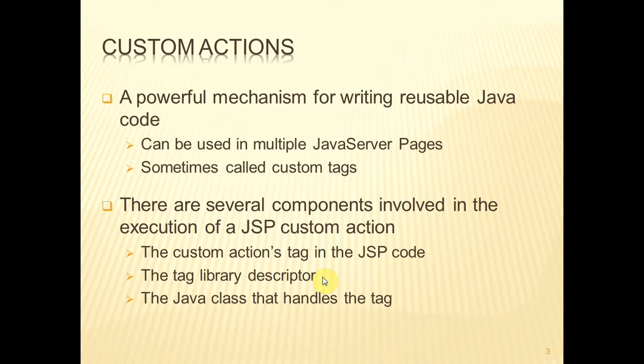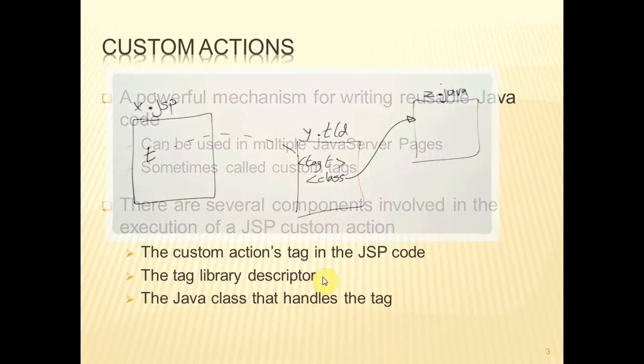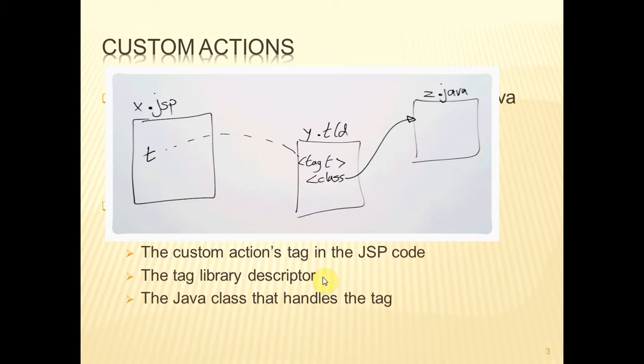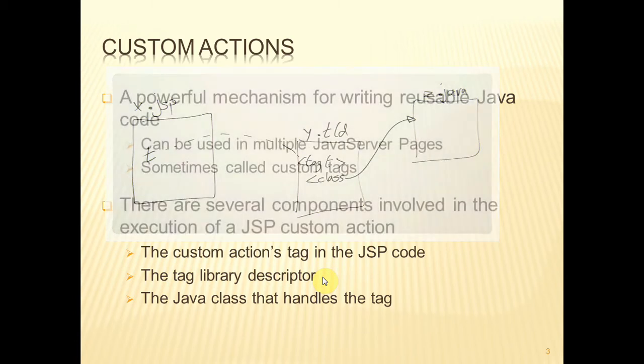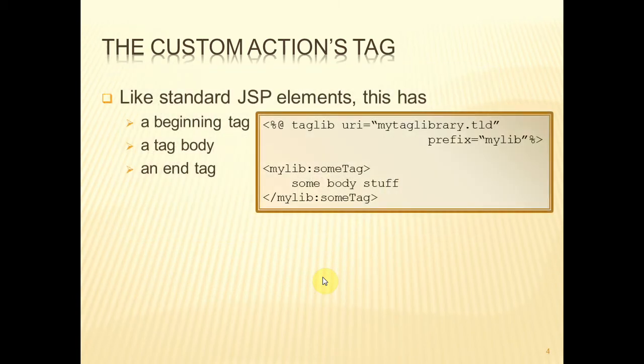So we have then these three components: the JSP file, the tag library descriptor file, which is an XML file, and the Java file that implements that tag. And let's take a look then at the relationship between them as far as we can.